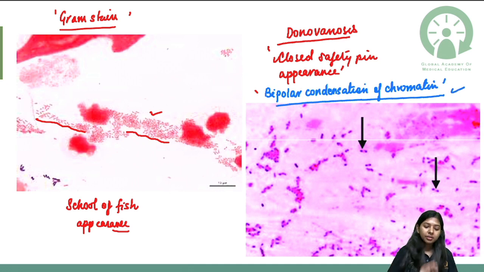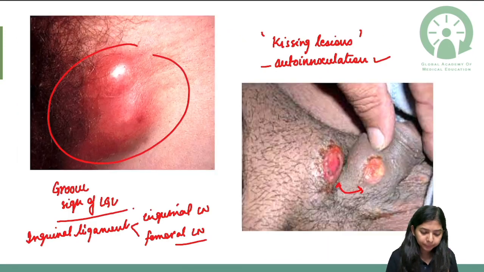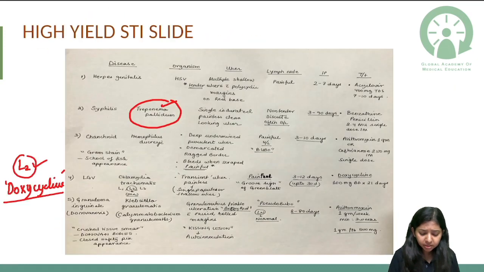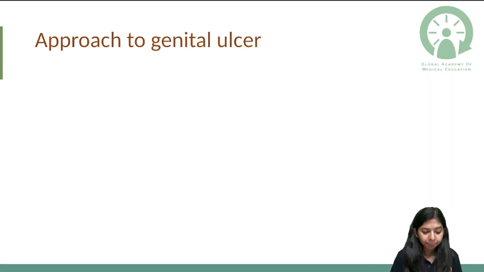Right? So you get a closed safety pin appearance. How do you treat it? You give azithromycin. Correct? So you have to remember all these points about all these STIs.